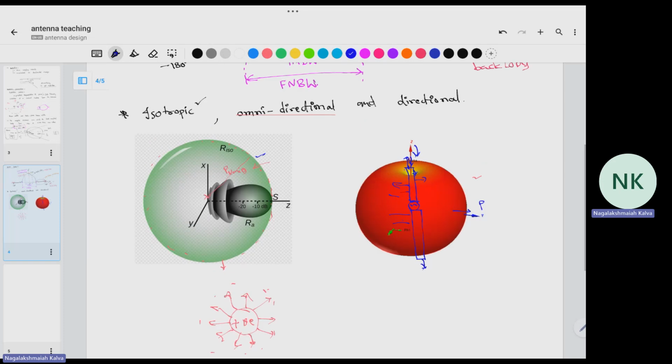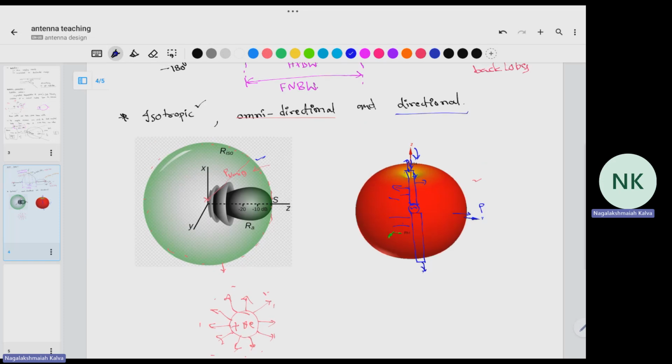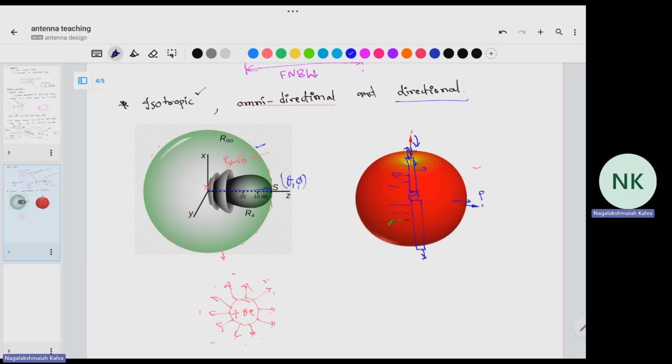Third one is directional antenna, in which case the antenna energy is directed towards a certain direction, certain theta and phi. It's not like omnidirectional, though omnidirectional is also some kind of directional, having some directional properties when compared to isotropic.